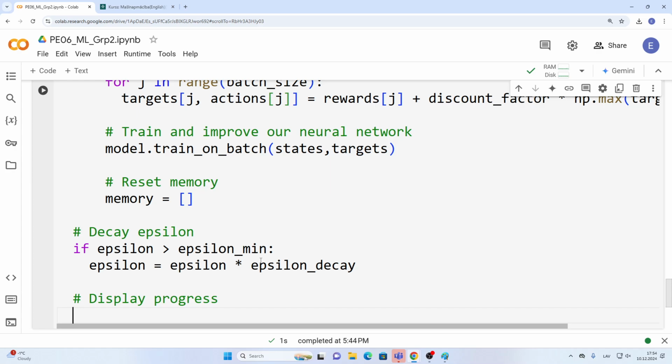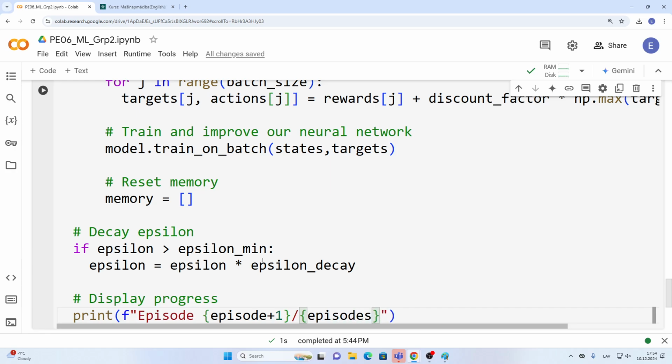Yes, so for that we will print some text that it's working, like episode plus 1, because numerically episodes start from 0, but we count from 1, it's more convenient for us, versus total episodes.